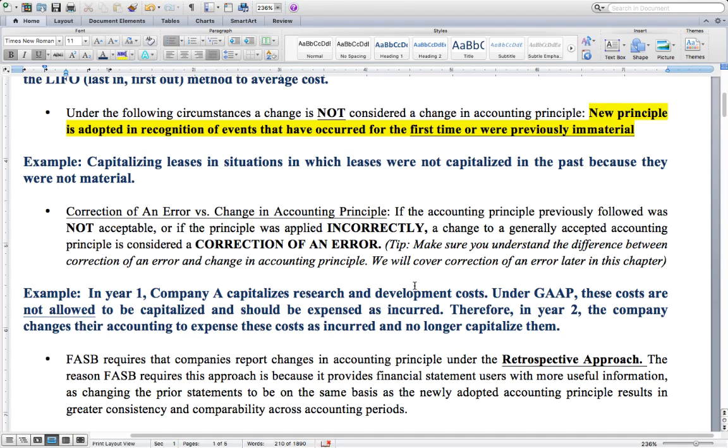However, you have elected to begin capitalizing your leases. This is not considered a change in accounting principle because they were previously immaterial, and now the company, since they are becoming material, has elected to apply the accounting principle of capitalization.